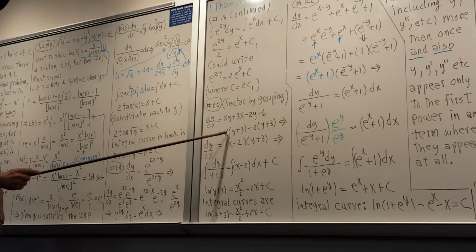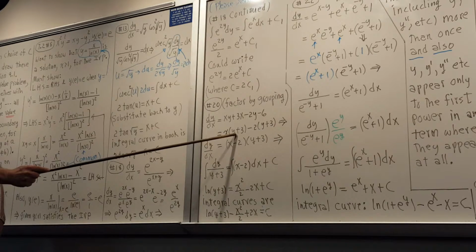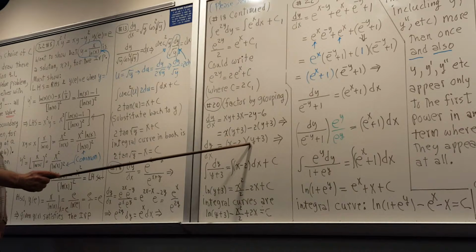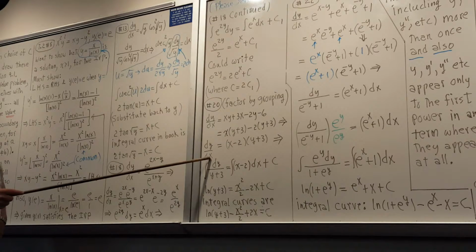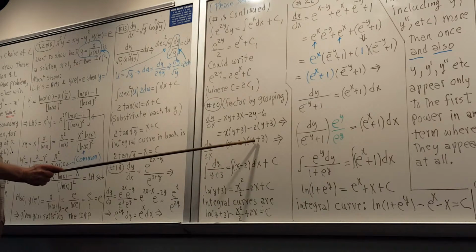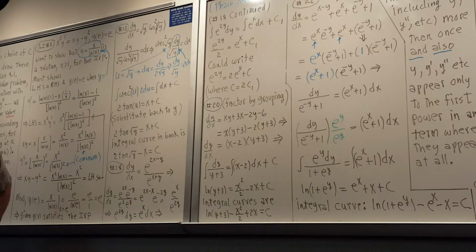And then when you do that, you have the common factor y plus 3, so you can factor that on the right, and finally write your derivative or differential quotient as a product like that.